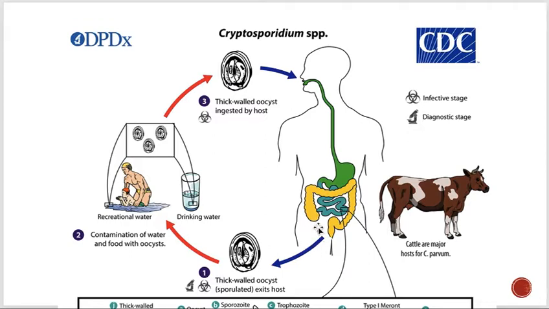The Cryptosporidium life cycle can be completed in just one host. They don't need a secondary host, like Plasmodium, which needs mosquitoes.